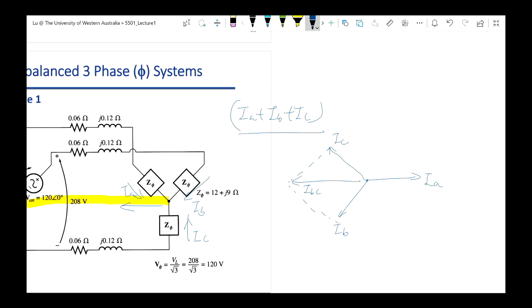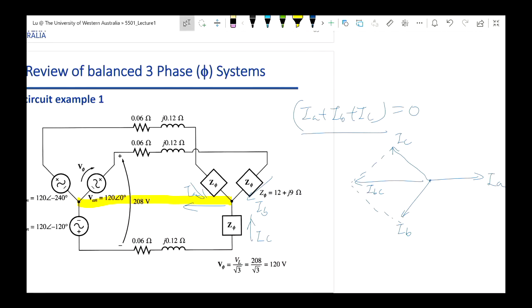So in other words, for a balanced system, IA plus IB plus IC must equal 0. That means the current in the neutral connection is equal to 0 amps. That means no current in the neutral connection. If there's no current in this line, why do we need this line?